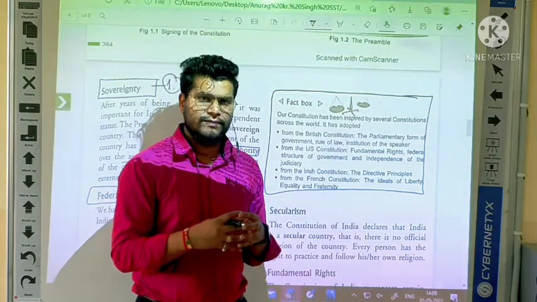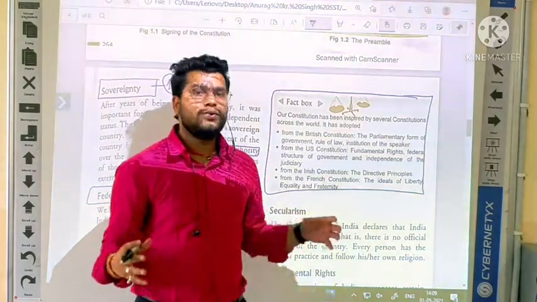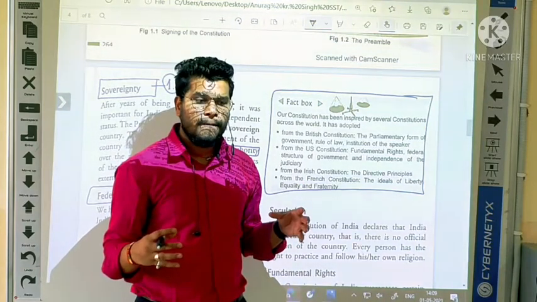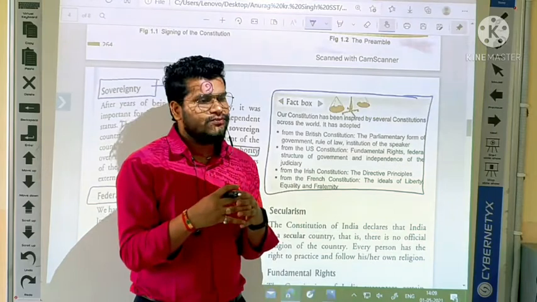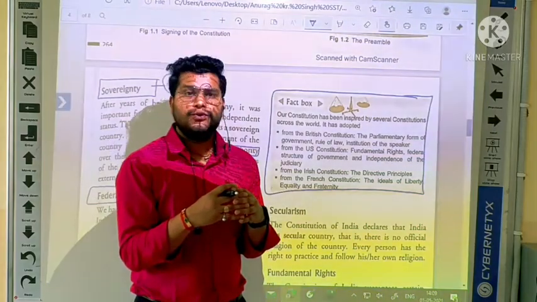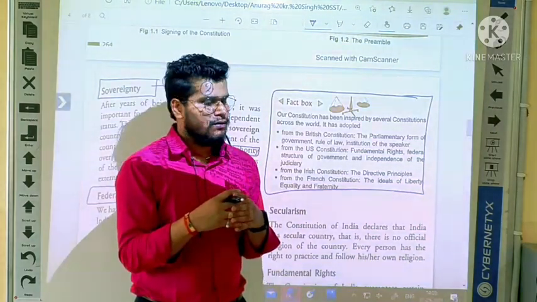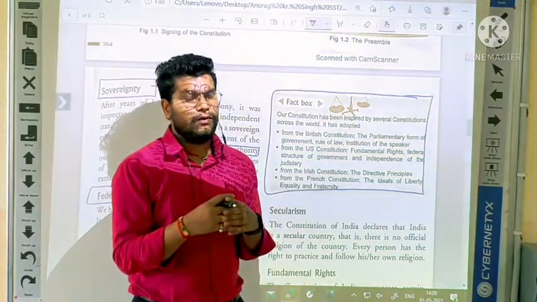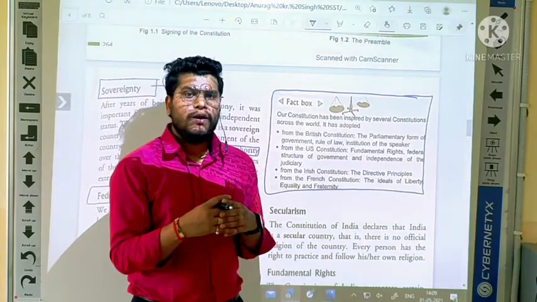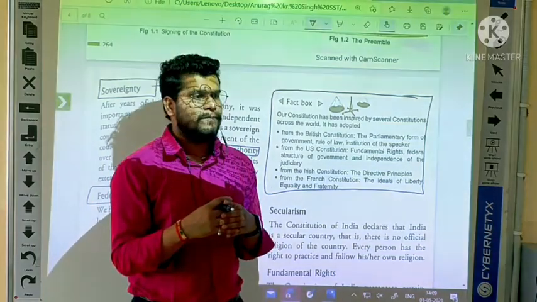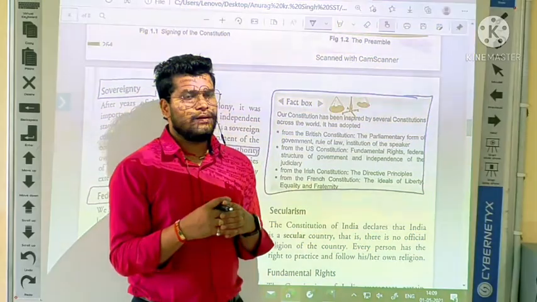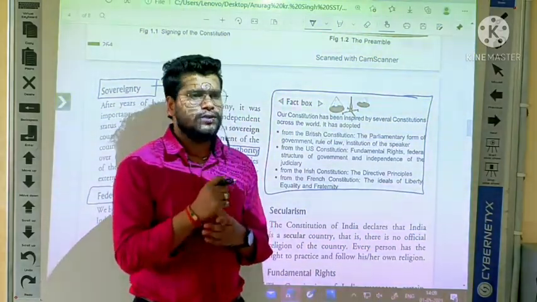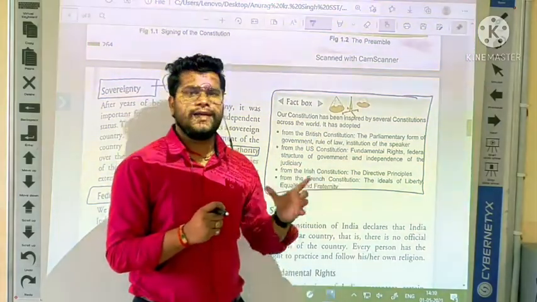So to unite them, to integrate them, to make a sense of unity was not an easy task. So our constitution makers took many laws from different countries.